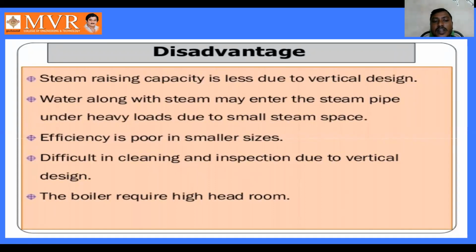Efficiency is poor in smaller sizes. Cleaning and inspection are difficult due to the vertical design. The boiler also requires high headroom.